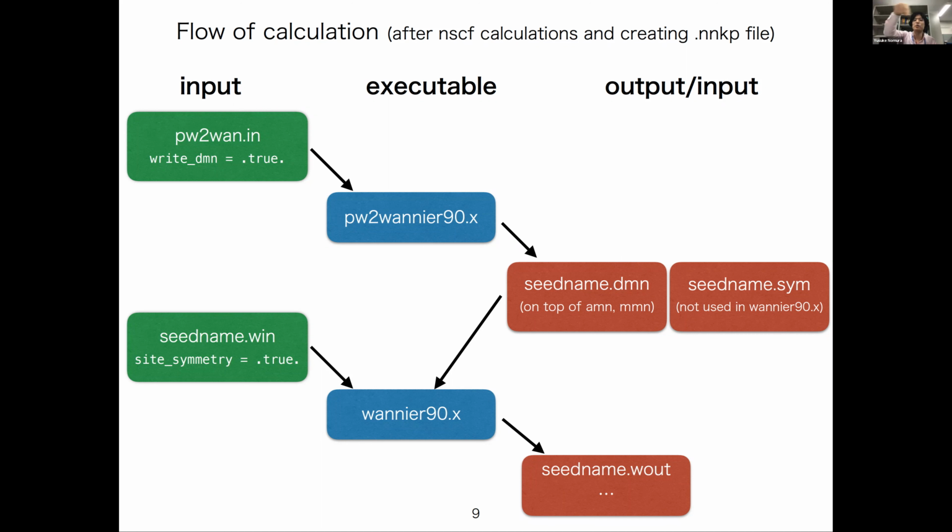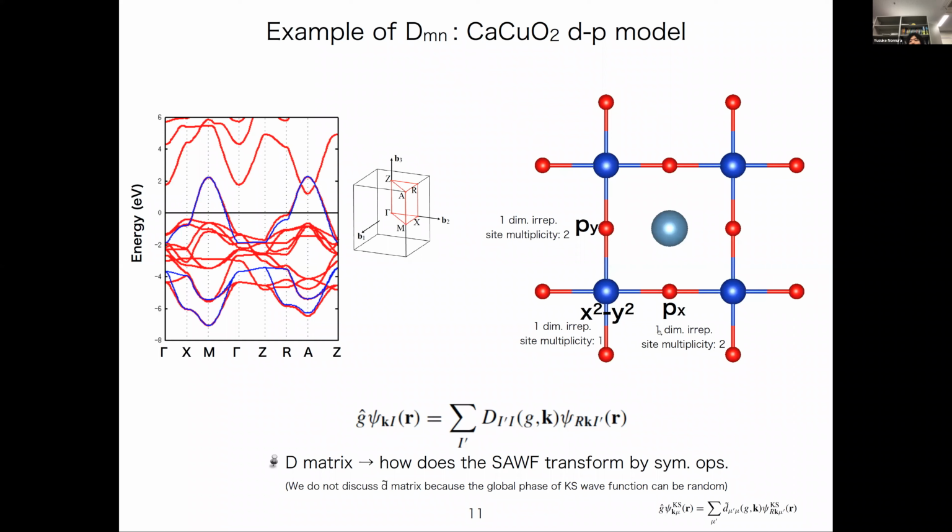Okay. Then if we think about the site symmetry at the copper site, in this case, the x squared minus y squared is a one-dimensional irreducible representation, and the site multiplicity is just one. And if we think about this oxygen, the site multiplicity is 2.